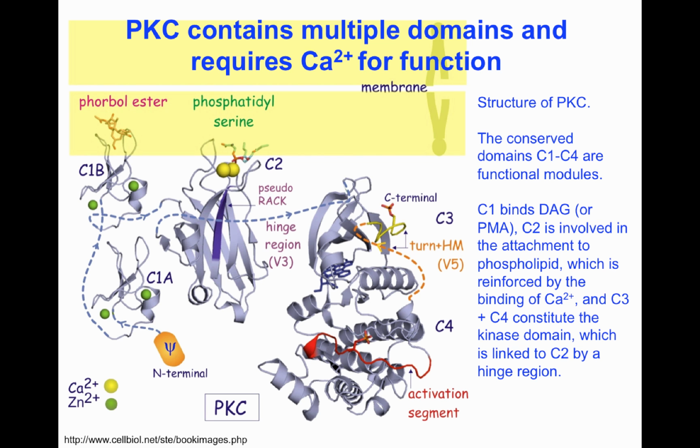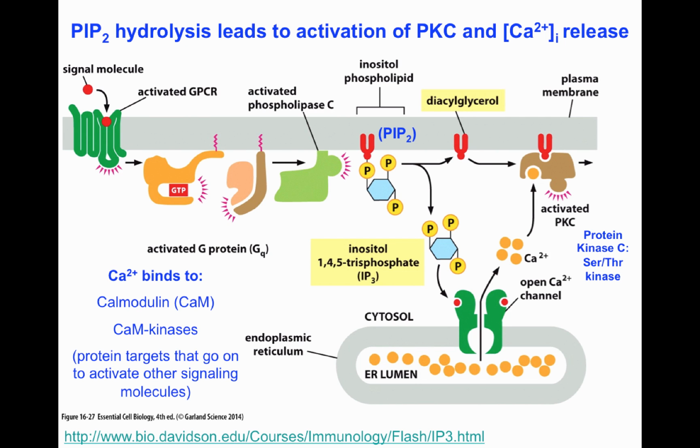So now, before we go there, let's remember the events that we are covering. What I want to remind you is that the activation of the G protein coupled receptor is going to turn on the G protein. The G protein is then able to activate the phospholipase C, which is present on the membrane, or in other cases, it could be recruited to the membrane. We're going to look at 2 different cases later. But the phospholipase C then is able to hydrolyze PIP2 into diacylglycerol and IP3.